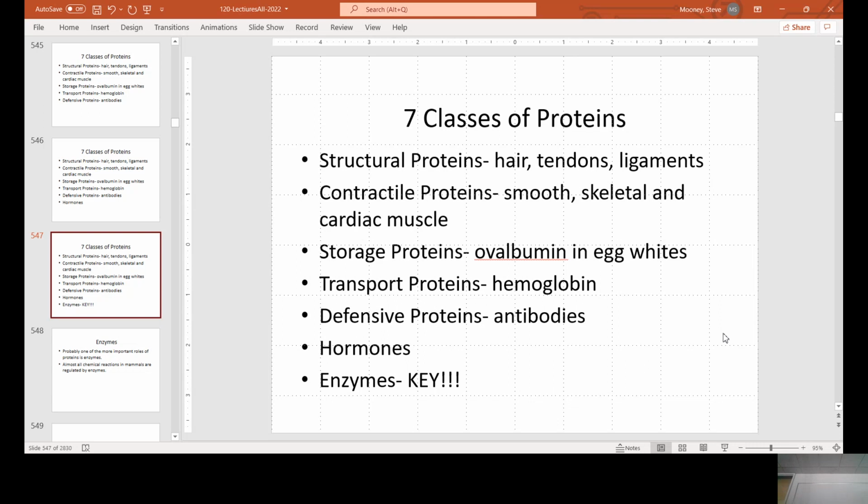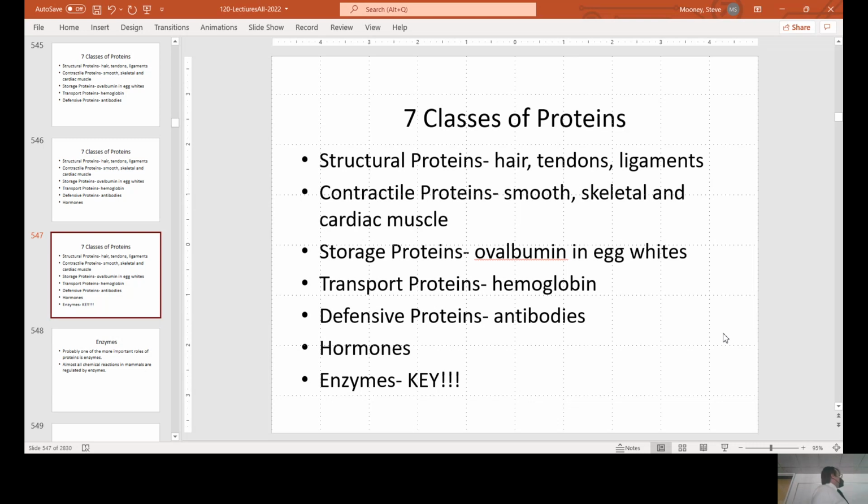We have things that are going to put things together, take things apart, transport things around the cell, start and end processes. They are the machinery of the body, and they are made of protein. So enzymes start processes, end processes, help processes accelerate.